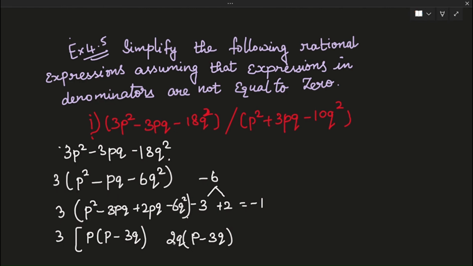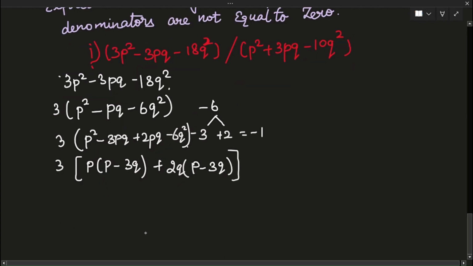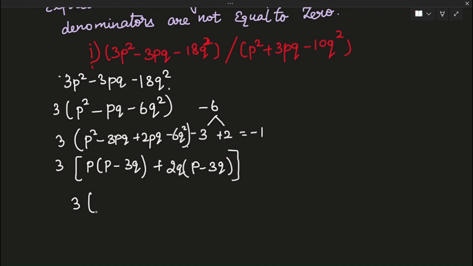Okay, so 2q into p will come 2pq, and then 3 2s are 6. Here if you place it plus, okay, now which is common? Already 3 is there. Then p minus 3q, and then which is left out? P plus 2q. Okay, this is our numerator.